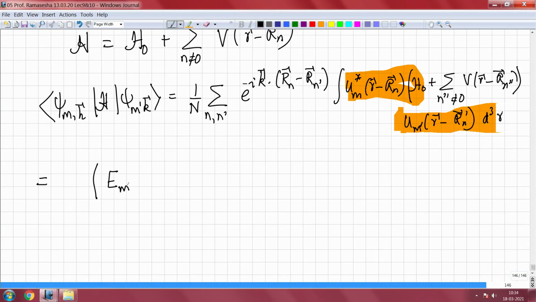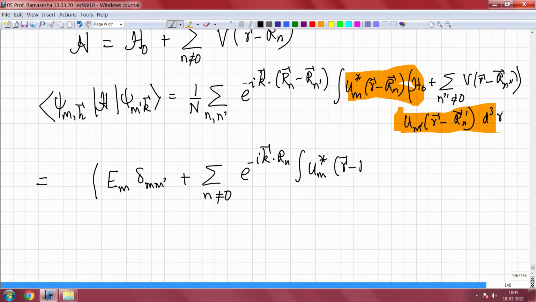So, that will give me E m times delta m m prime, plus the sum over n not equal to 0 of e to the minus i k dot R n, times the integral of u m star of r minus R n, u m prime of r, d cubed r. I will put the primes correctly afterwards.